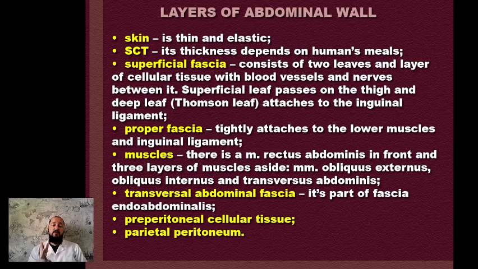The transversalis fascia is just part of the endoabdominal fascia. After this fascia, we have a thin layer of preperitoneal cellular tissue and the parietal peritoneum.